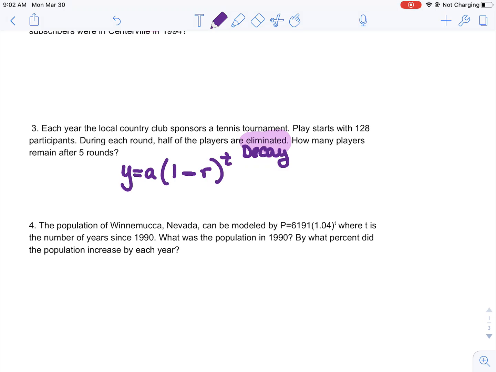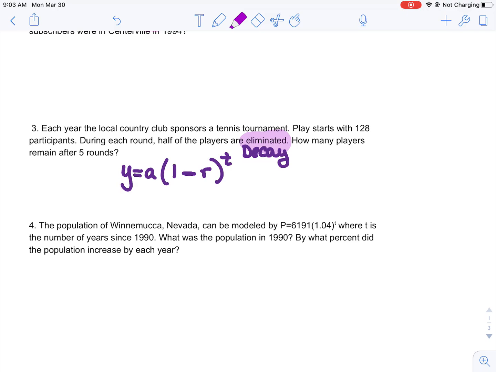Let's look at number 4. The population of Winnemucca, Nevada can be modeled by, they give you the equation where t is the number of years since 1990. What was the population in 1990? By what percent did the population increase each year?